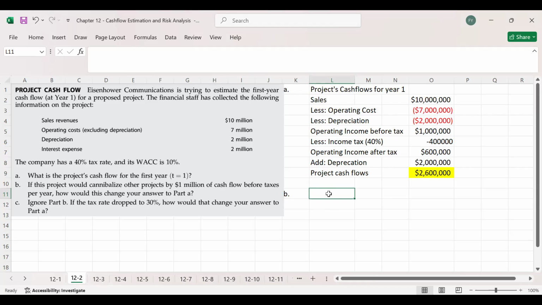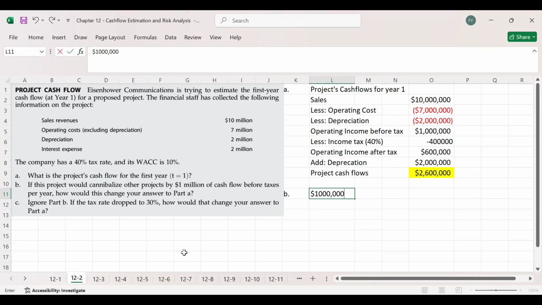So how would this change your answer? Because of this, the net income would be decreased. So what we are going to do? This $1 million is going to be decreased because of the cannibalized effect. And this is before taxes.